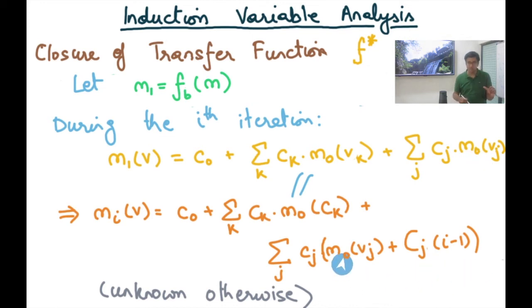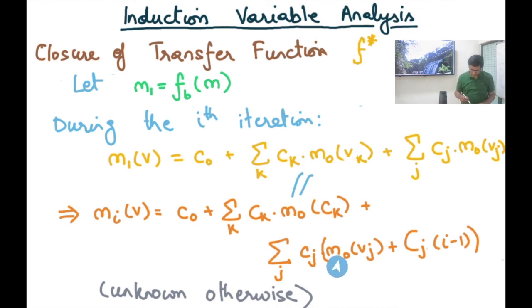And for m_{i-1}, I know what the expression is. It is m0 plus capital Cj into i minus 1, because we know it's a basic induction variable. For basic induction variables, I know what the value should be at the end of the i minus 1th iteration, at the beginning of the loop.